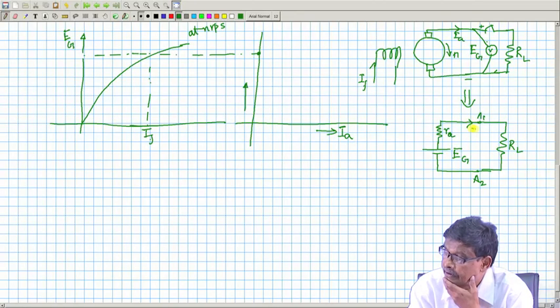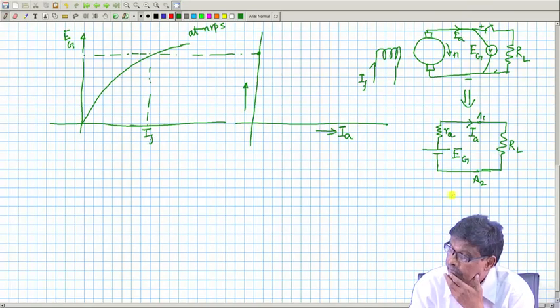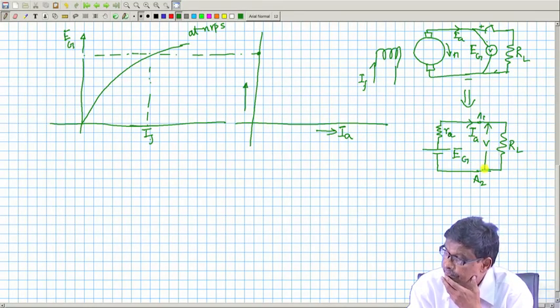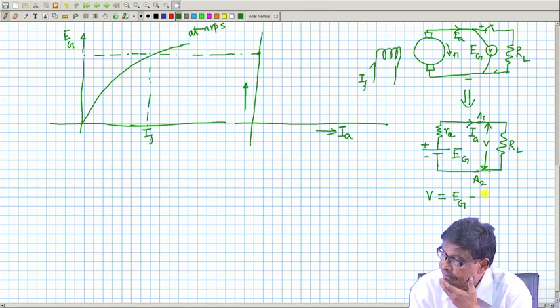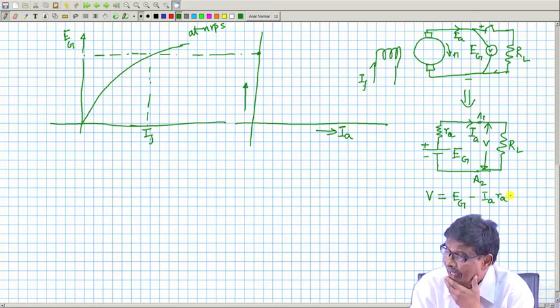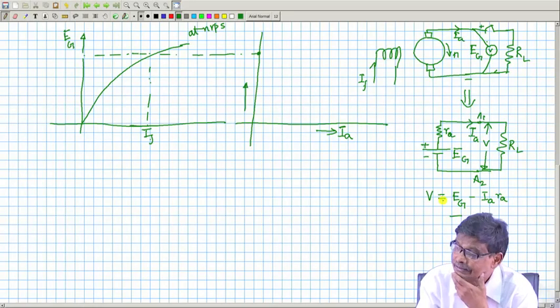At that time some current will flow. So, this voltage we are measuring, V, the terminal voltage across the load, will be E G minus IARA, and minus, there are two brushes.